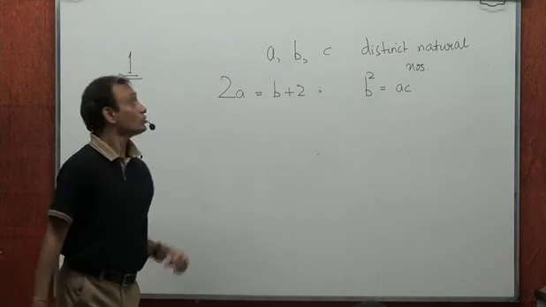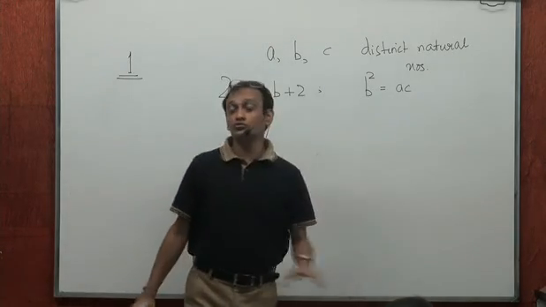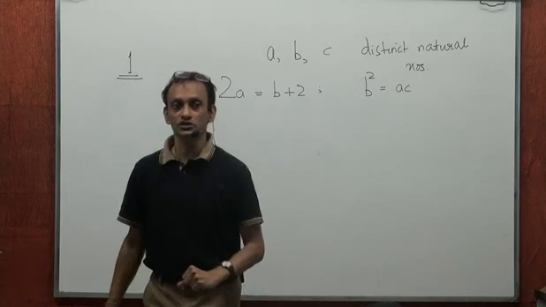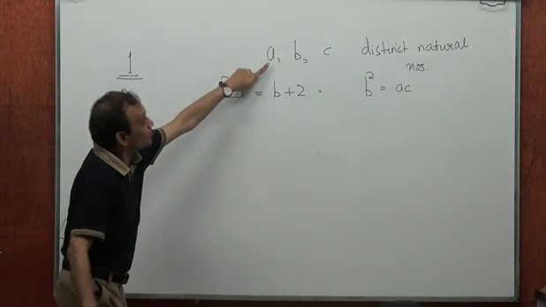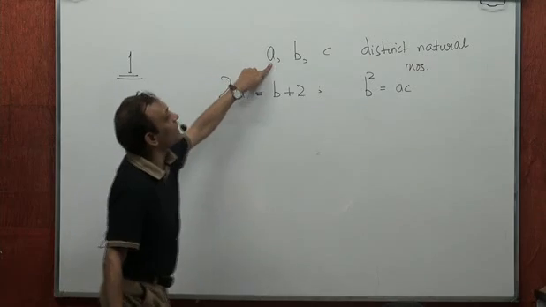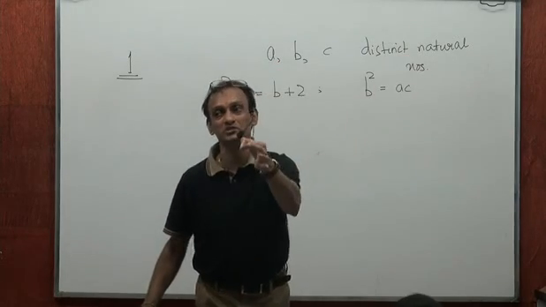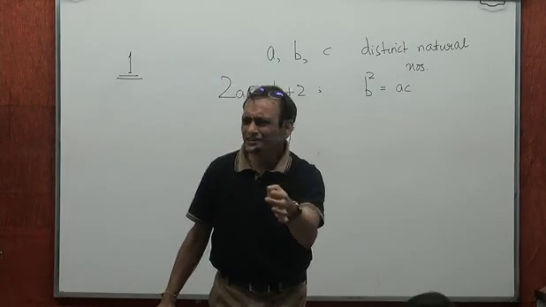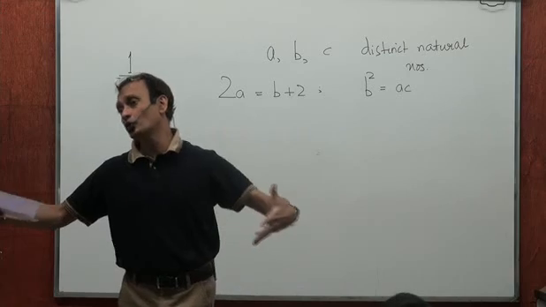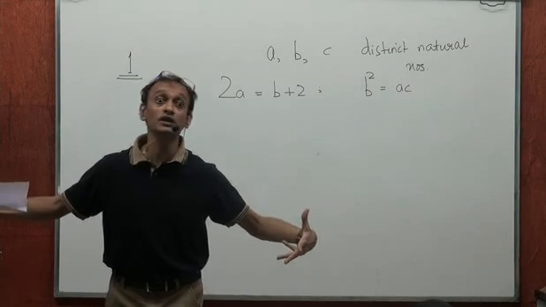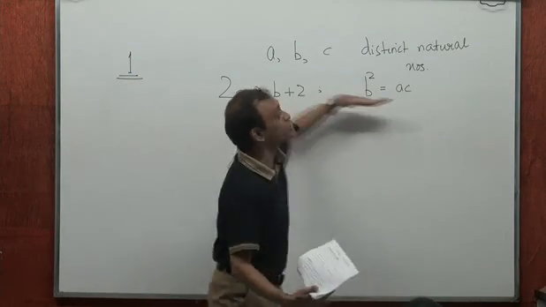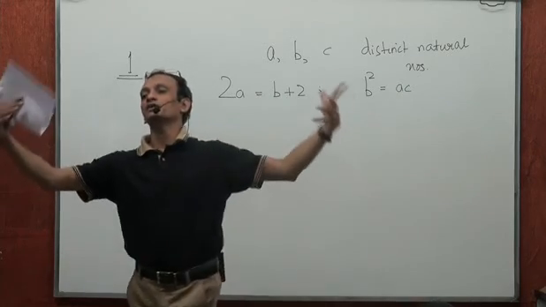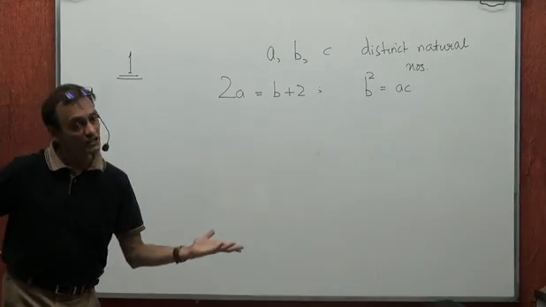And in fact, for 3 unknowns, even though there are 2 equations, there is another condition: that A, B, C are distinct natural numbers. That is not an equation, but it is a condition, which when combined with these 2 conditions might enable obtaining the values of A, B and C.